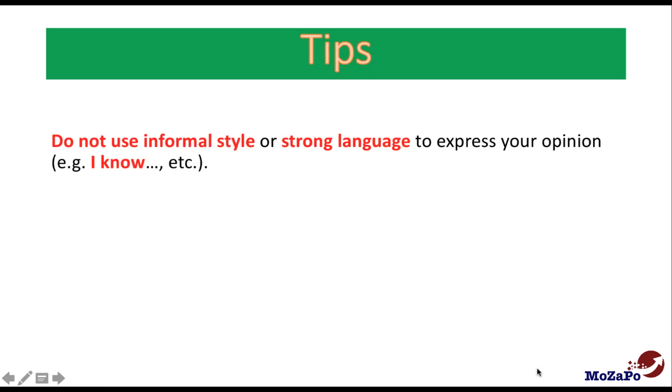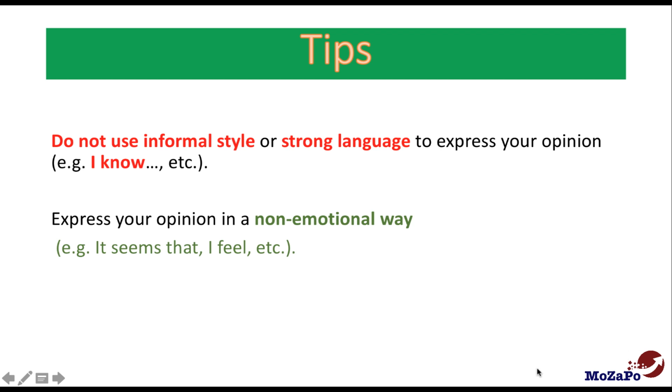You shouldn't use informal style or strong language to express your opinion. For example, "I know." Instead, you can express your opinion in a non-emotional way. For example, it seems that, I feel that, I think that.